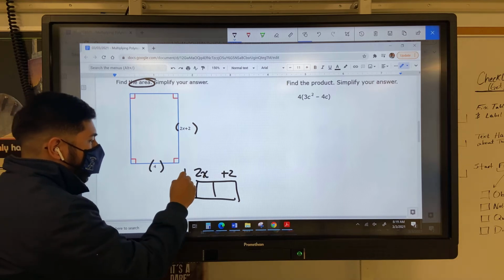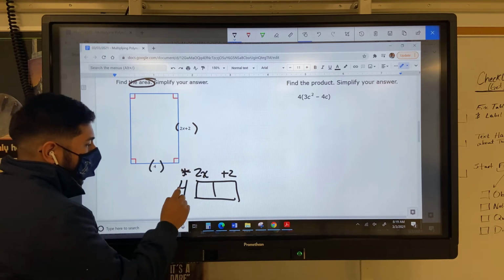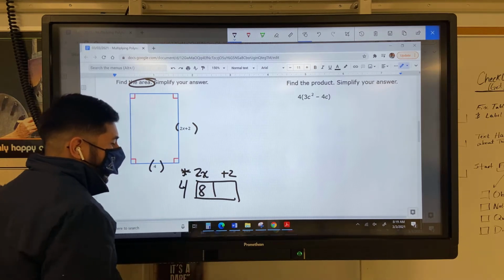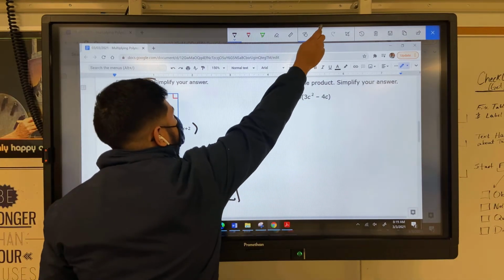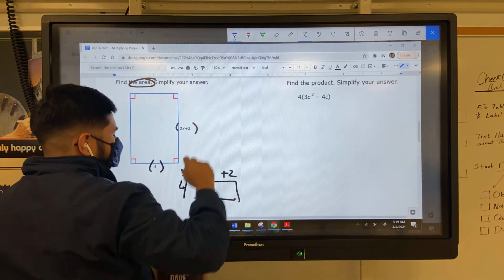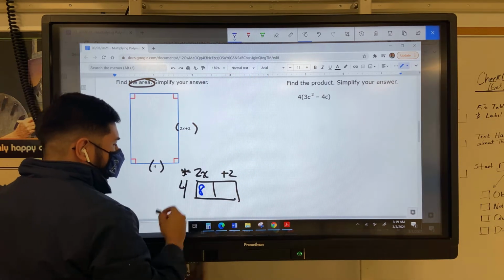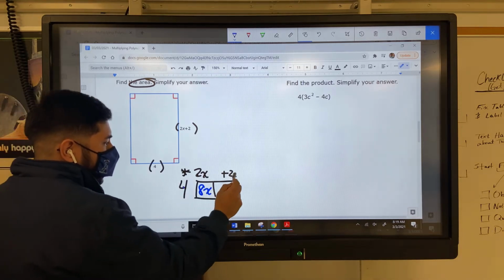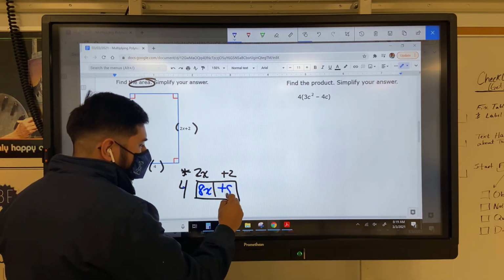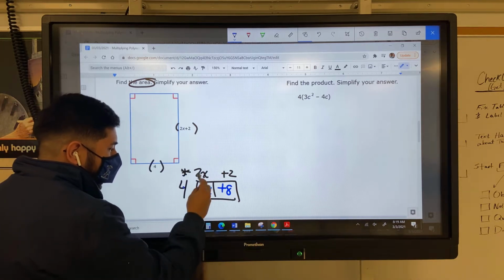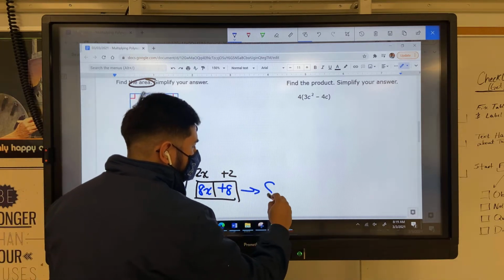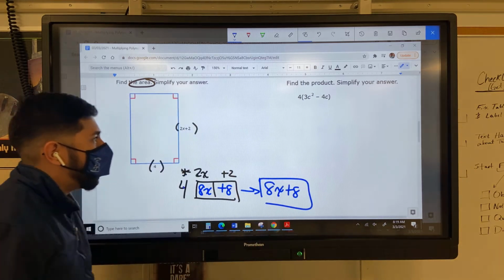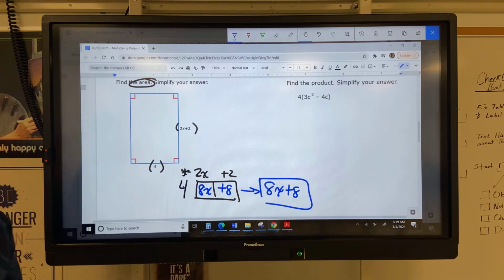And then we're multiplying. 4 times 2 is 8. There's only one x, so I leave one x. 4 times another 2 is positive 8. We're done. That's my answer: 8x plus 8. Boom. Not too bad.